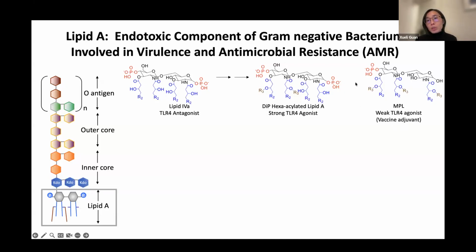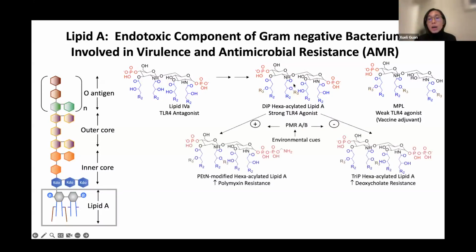So besides the immunomodulatory effects that can be altered with changes in lipid A structures, other functions in terms of the bacterial physiology can also be influenced by lipid A structural modification, as can be shown here. So lipid A has these 2 phosphate groups that are negatively charged, and this negative charge is involved in their interactions with cationic peptides, which are one of the drugs that I mentioned that can be used to treat gram-negative bacterial infections.